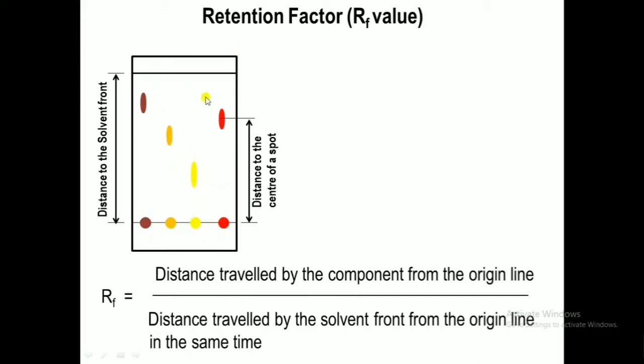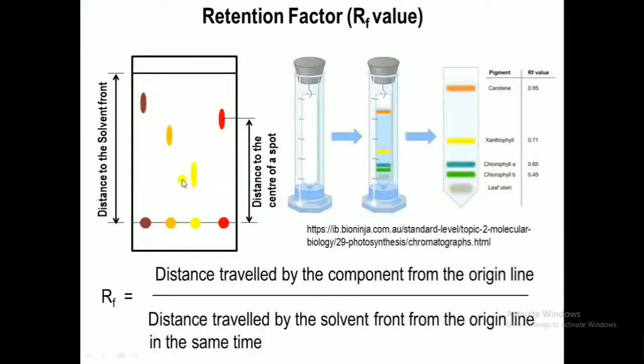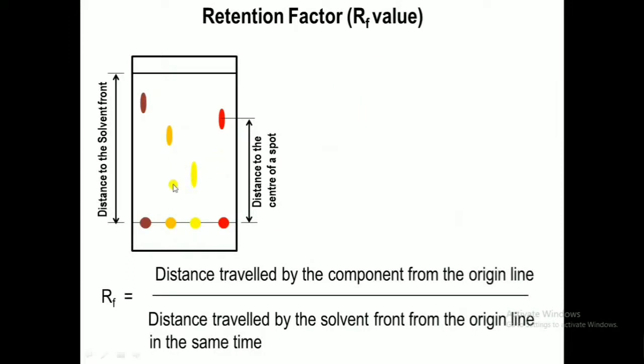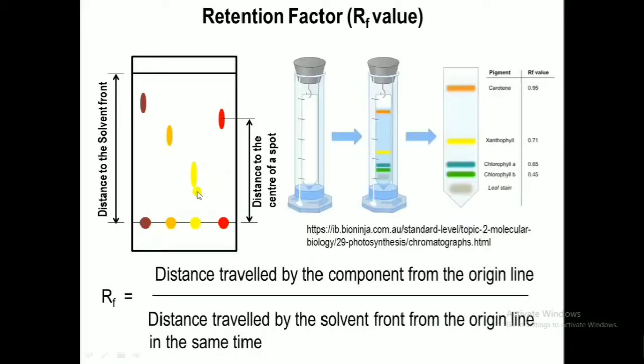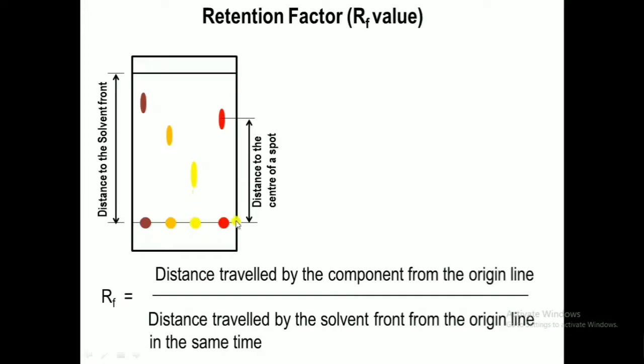Here you can see the solvent front, so this is the distance traveled by the solvent from here up to here after a particular time, and your components also traveled with it, but at different distances. For example, the yellow spot traveled the smallest distance, and this one traveled the maximum, and the other two spots traveled other distances.